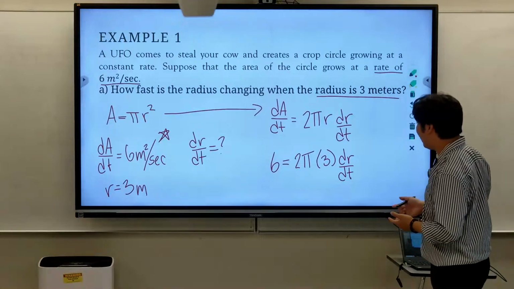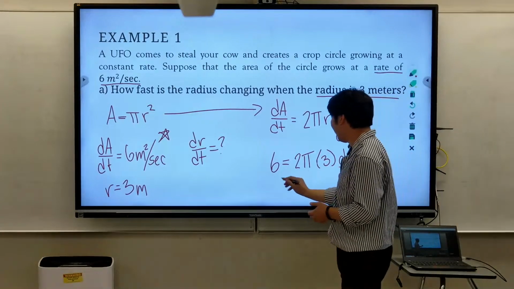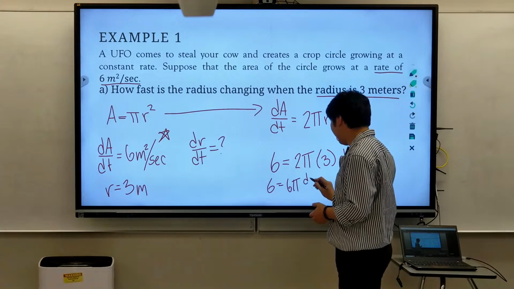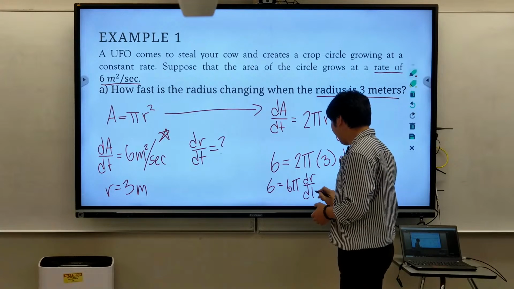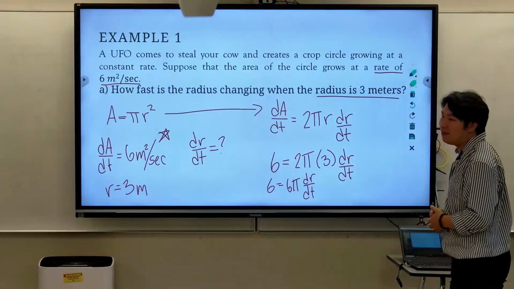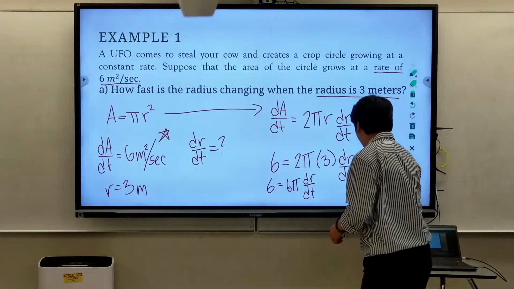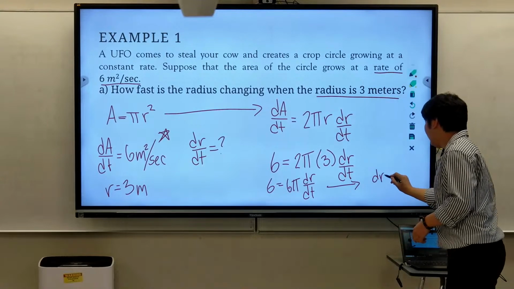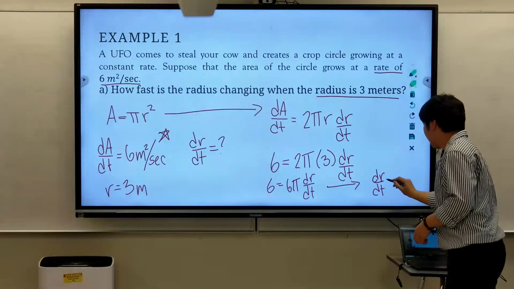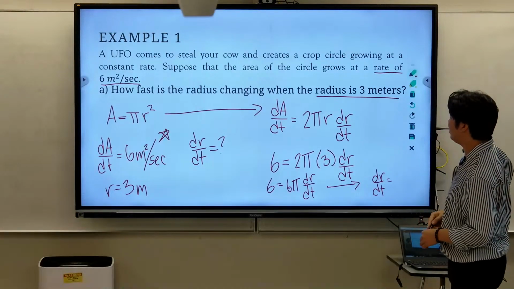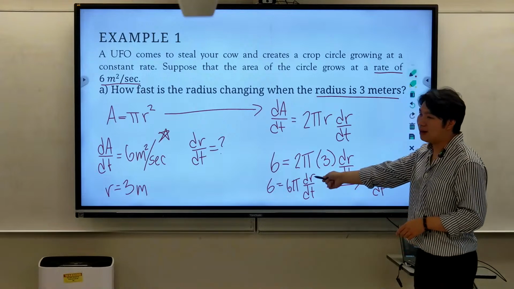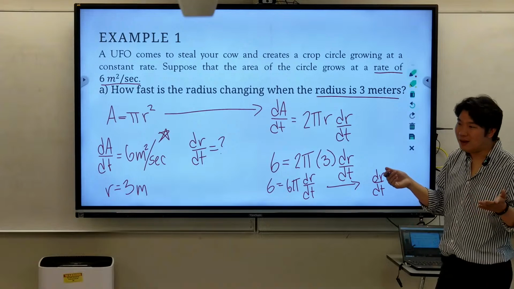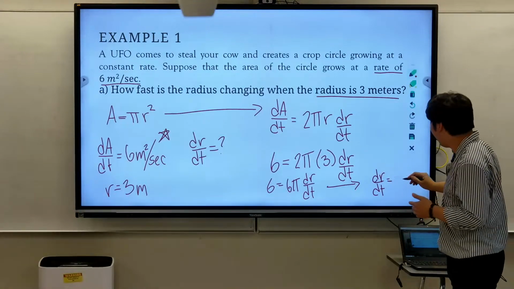Let's clean this up. We get 6 is equal to 6 pi dr dt. And then I can divide the left and right by 6 pi. Sorry, I'm running out of space here. And I get dr dt is equal to 6 divided by 6 pi. The 6 cancels out, and I get 1 over pi.